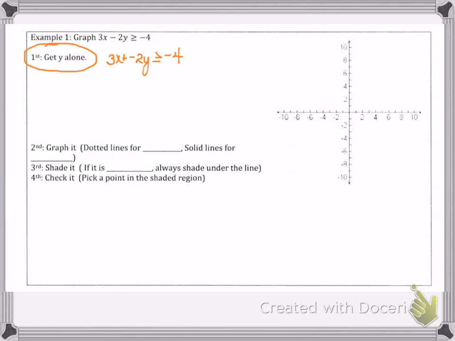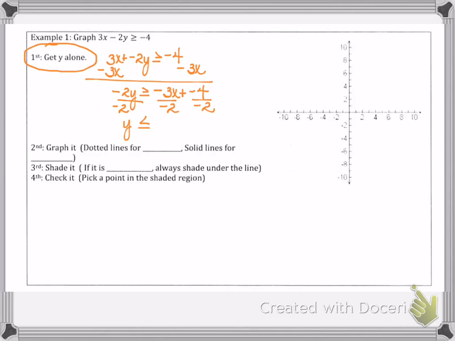The first thing I need to do is move the x term. So I'm going to subtract or add -3x to both sides. When I do that, I'm left with -2y on the left, greater than or equal to -3x plus -4. I'm going to put the x term in front of the constant. The last step is to divide by the coefficient in front of the y, and it's a -2, so I should be automatically thinking this inequality symbol is now a less than or equal to.